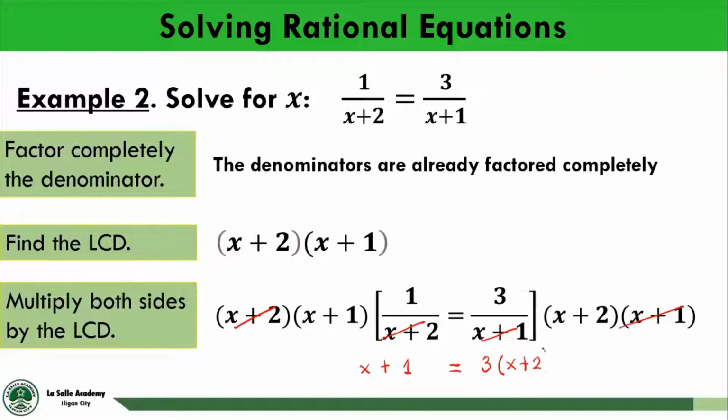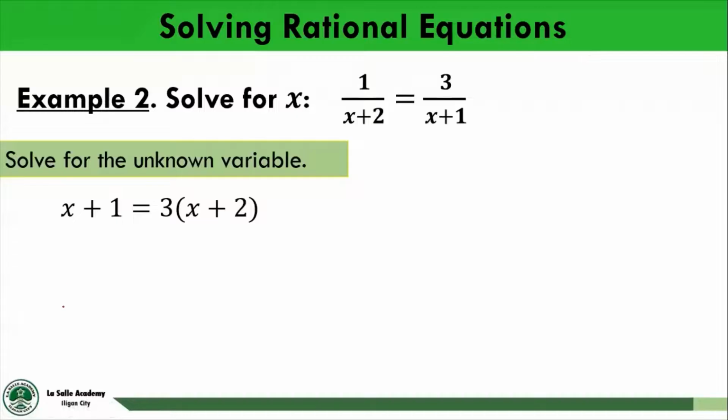Now let's solve for the unknown variable. We have the equation x plus 1 is equal to 3 times the quantity of x plus 2. We can apply now the distributive property of multiplication over addition.